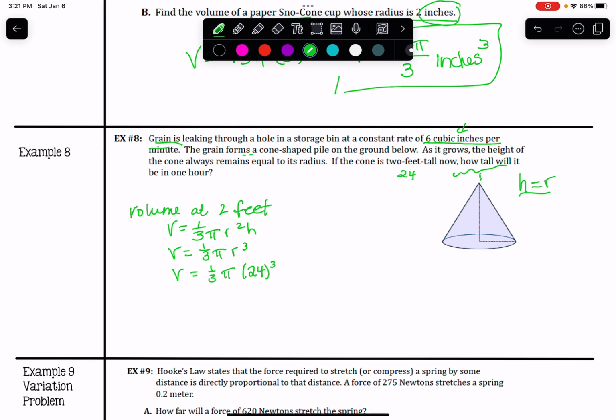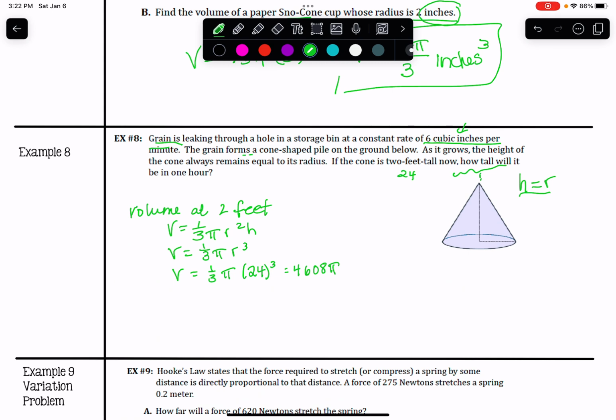What is 24 times 24 times 24? This definitely you can use your calculator for, and you get 13,824, but then divide that by 3, and you get 4,608. So that is equal to 4,608 pi.